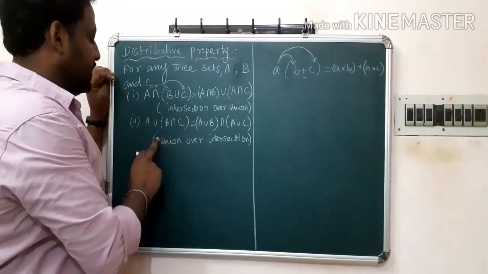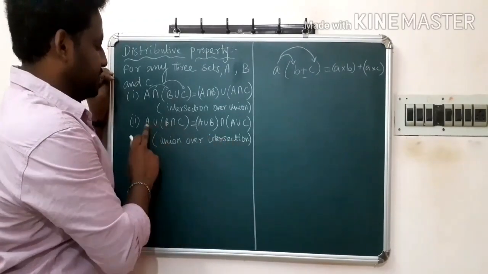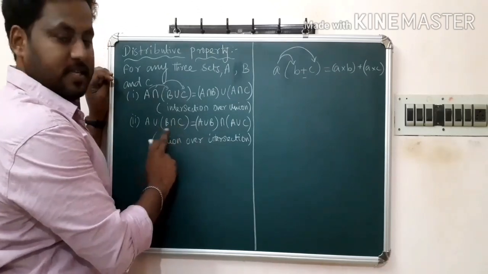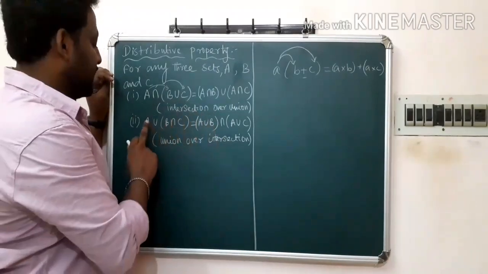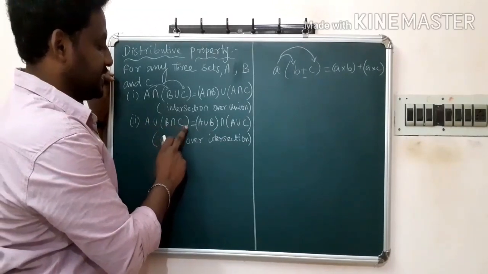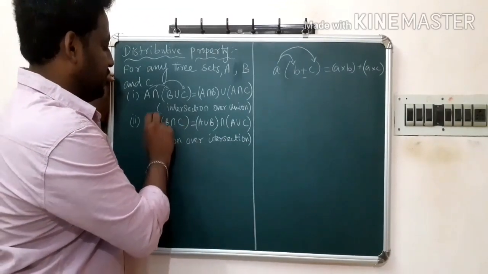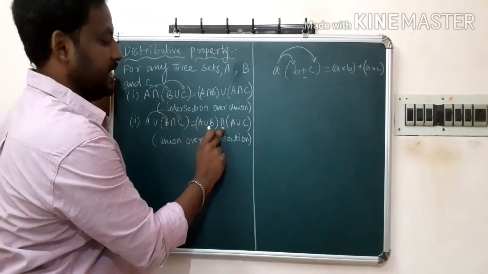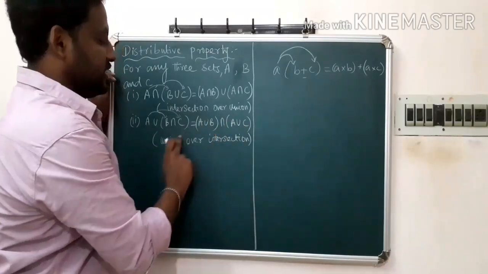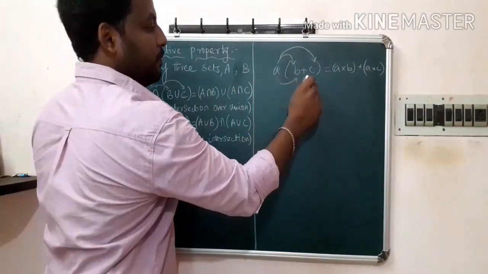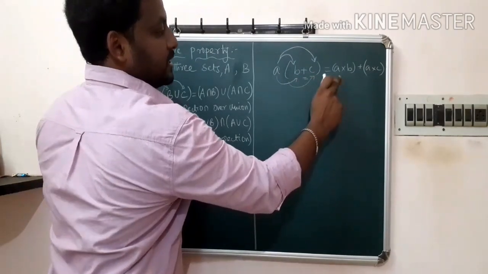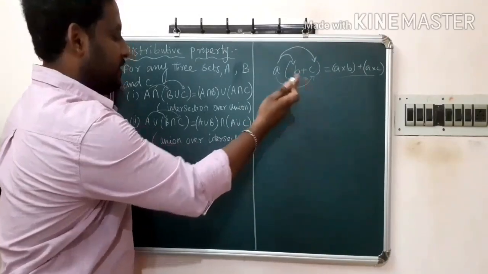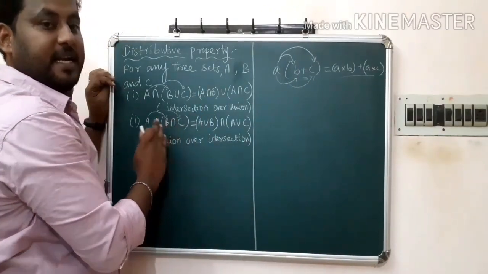And then second one is union over intersection. That is A union within the bracket B intersection C. Here also three sets are there, A, B, C. A union B intersection C, which means A union B intersection A union C. So this is also like that, A into B plus A into C. Same that here for this addition and multiplication symbol we have to use the union and intersection property.